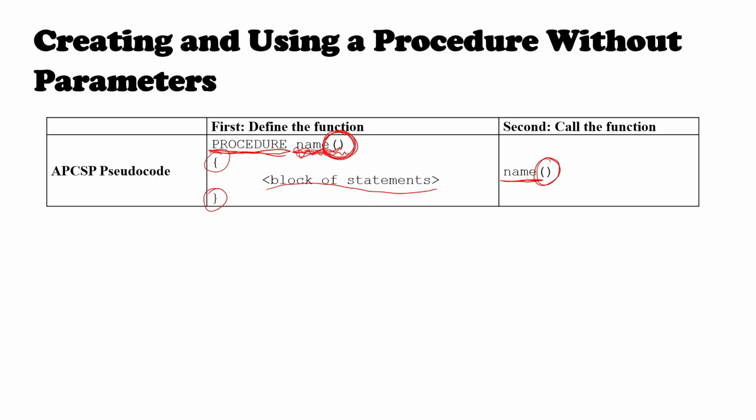And some languages are very specific about where you can code a procedure. Like in Python, you can only code your functions at the very top of the program, and you have to define your functions at the top, otherwise your program won't run. Versus Java, you can code your methods anywhere, and they can run anywhere, kind of like the pseudocode here.